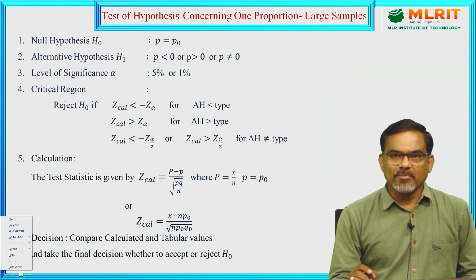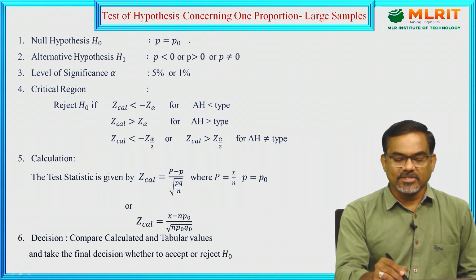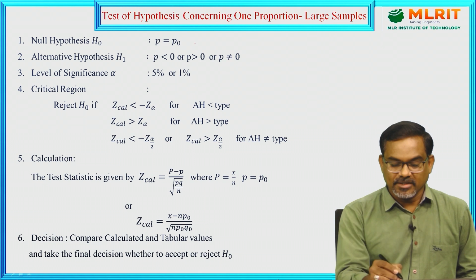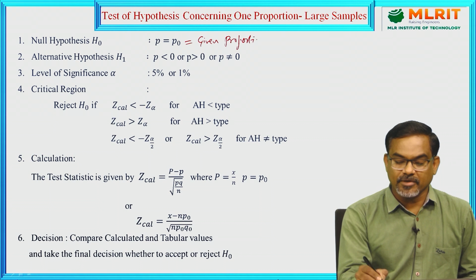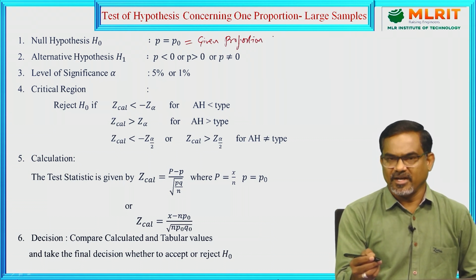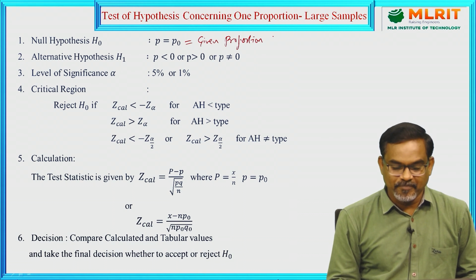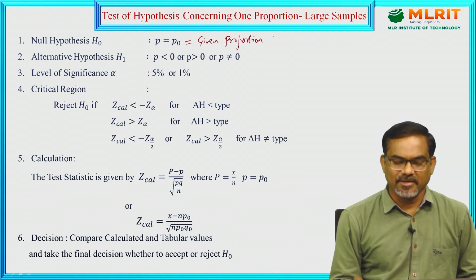In one proportion problems, we consider the null hypothesis as p equal to p naught. This p naught will be the given proportion, which will be given in terms of a percentage or any value that lies between 0 and 1. So, probability, percentage, proportion, all these are one and the same.